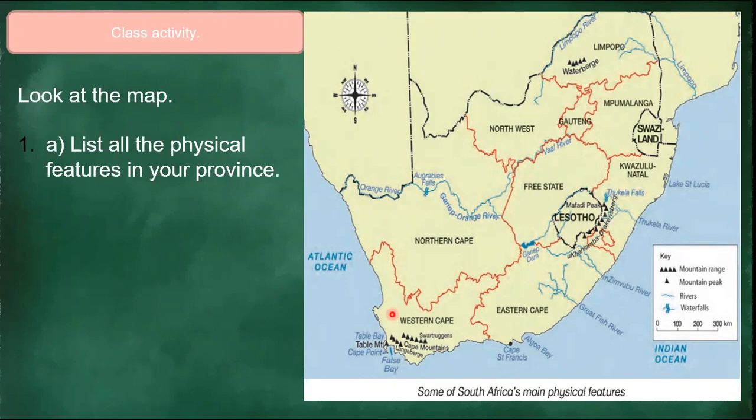Dunes, ma'am. Yes, you can see it. Yes, what else? Ma'am, the Table Mountain, ma'am, it's a mountain peak, ma'am. And then another mountain range, ma'am, is Langeberg. Yes, it's Langeberg. Is that all? Yes, ma'am, that's all I can see, ma'am. Yes, that's correct. Tabiso, thank you very much.